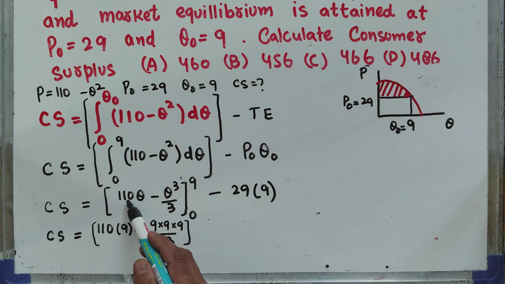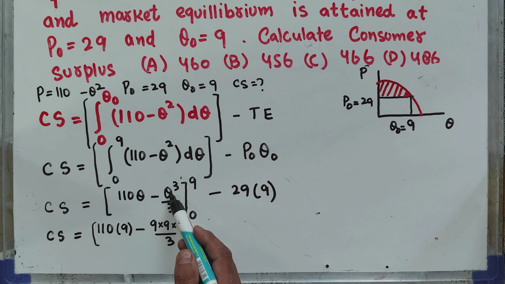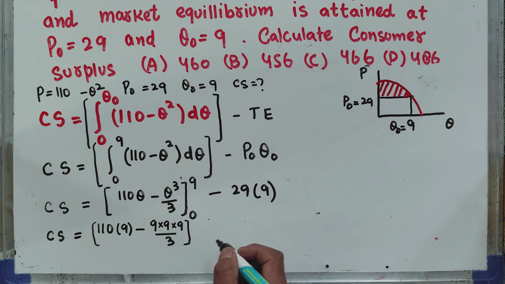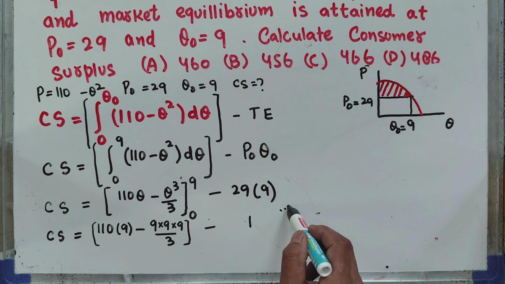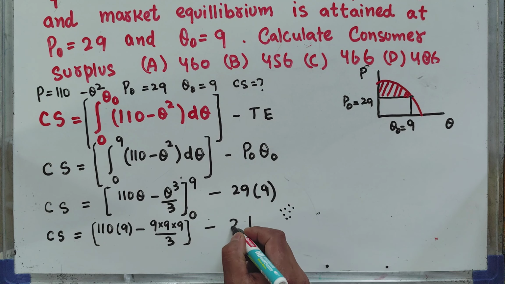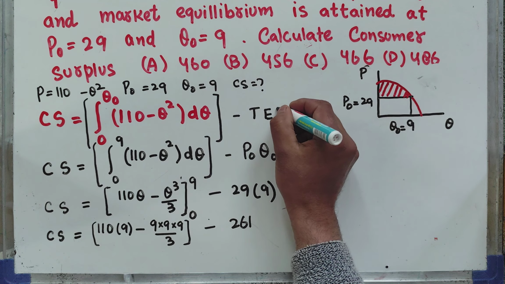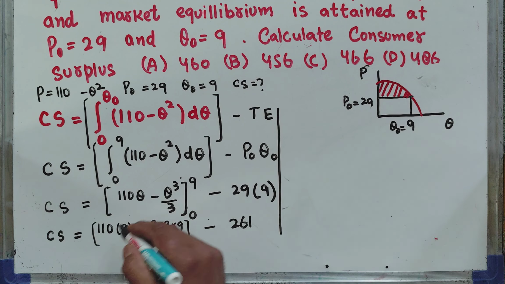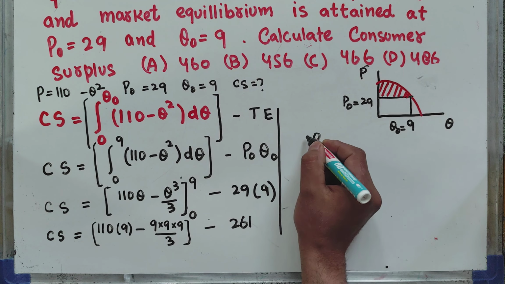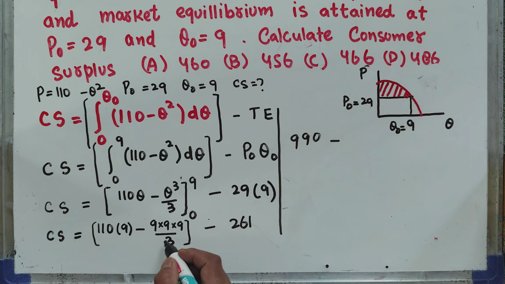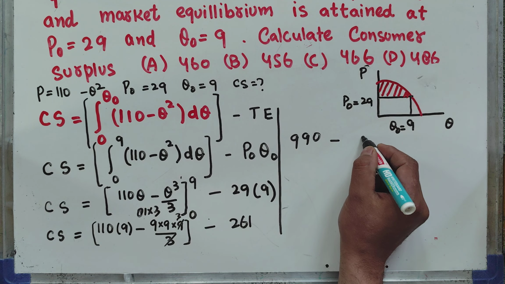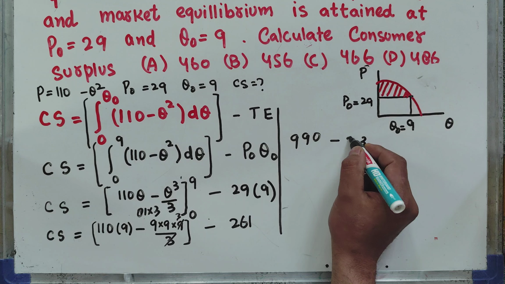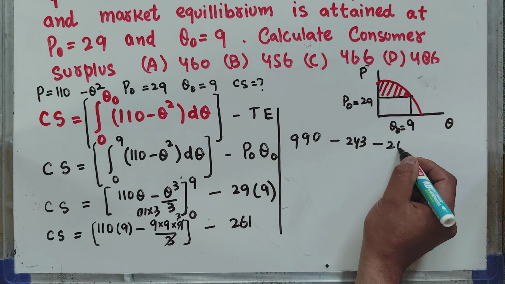The lower limit is 0, so 110 times 0 is 0. This is also 0 cube upon 3, so we will not write that step, and we subtract this. 9 nines are 81, 9 twos are 18, so which is 261. I hope I am making myself clear. So let us do the calculation. We have 110 times 9, which is 990, minus 81 into 3, which is 243, then we have 261.